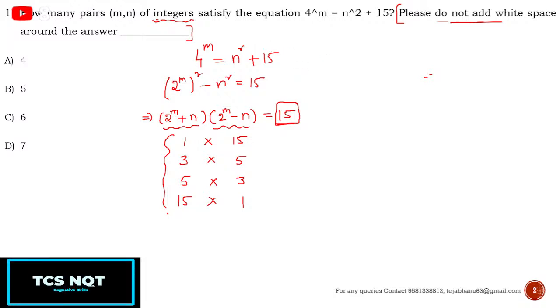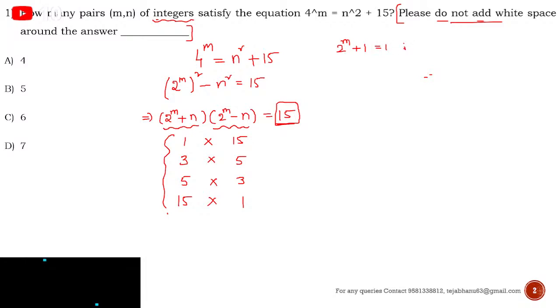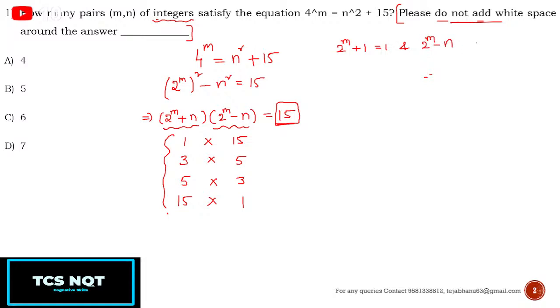Right. So have a look at it. For example, if I consider 2 power m plus n is equal to 1 and 2 power m minus n is equal to 15, this is the first case.